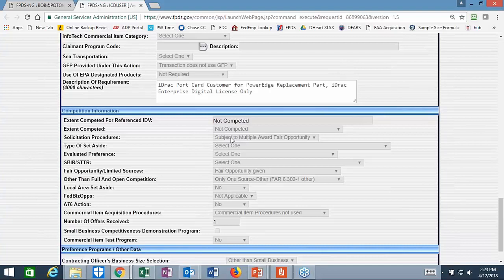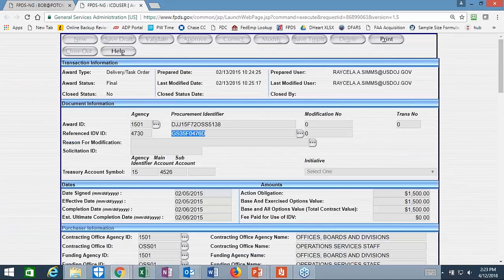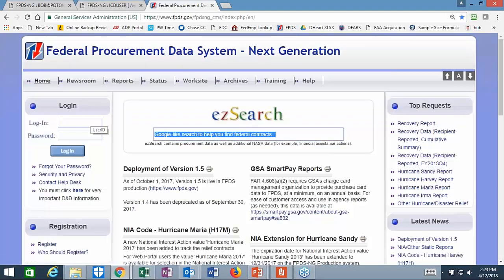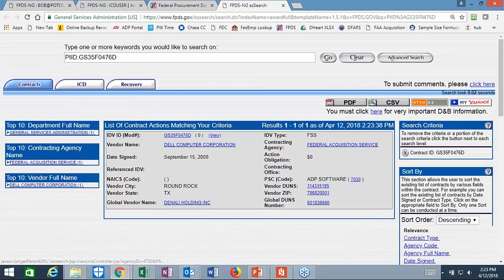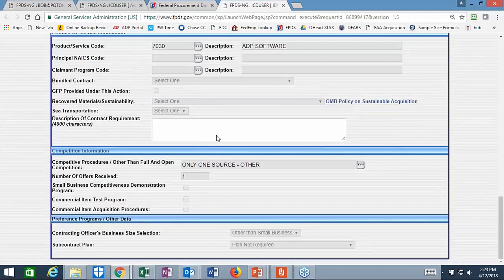It should not be only one source, correct? Well, the odd thing about this is maybe they miscoded it. All of the GSA awards are competed, from what I understand, unless they're miscoded. The GSA contracts are competed. Well, this one is saying only one source.